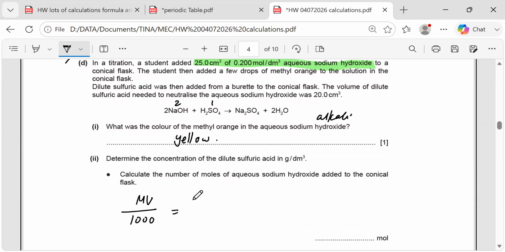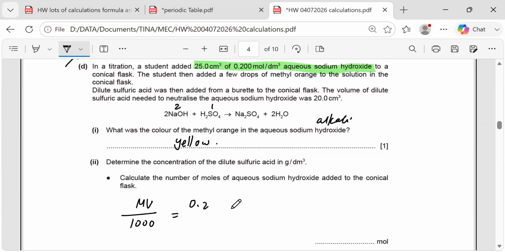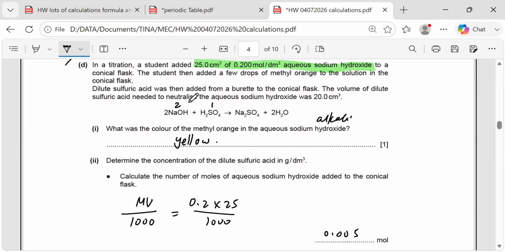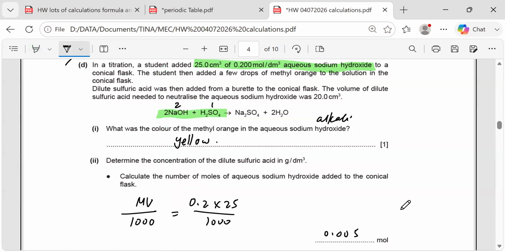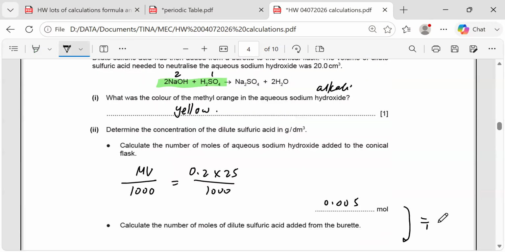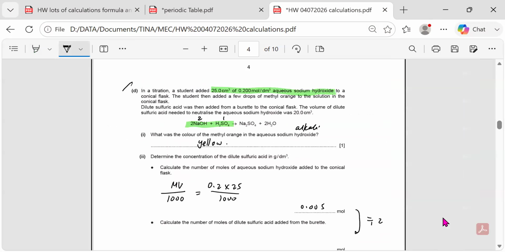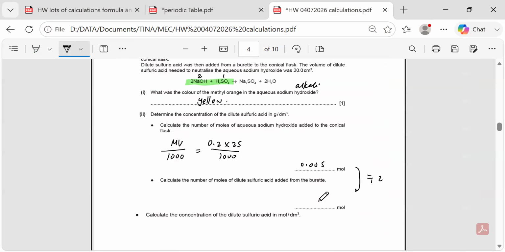Okay, M is 0.2, V is 25 over 1,000. I think all of you got this 0.005, right? Okay, sodium hydroxide to sulfuric acid. Why is it 2 to 1? Because here it is 2 to 1, so you divide by 2. 0.0025. Okay?